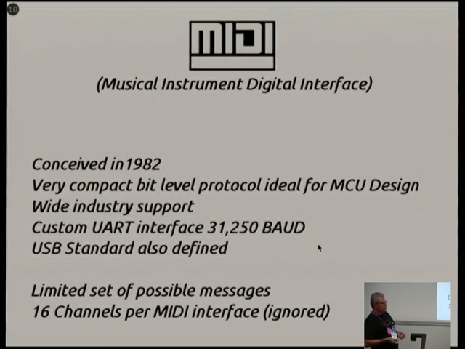Traditionally, it's 31.25 kilobaud. From a hardware point of view, it looks pretty much like a serial port. And as I said earlier on, there is also a USB standard. Some of the limitations are it's only got 16 channels per message set, or per device. That generally is ignored by most devices.